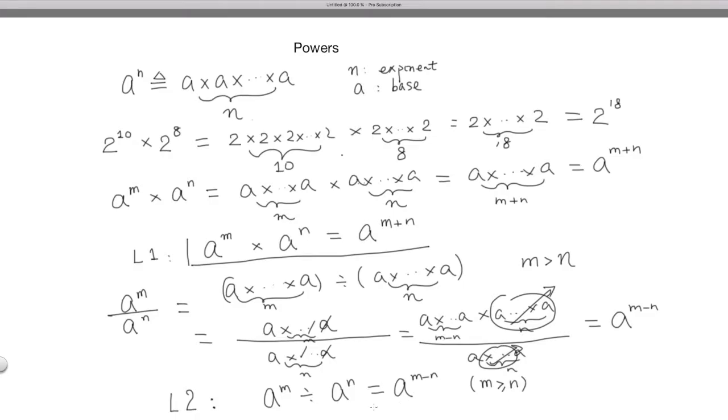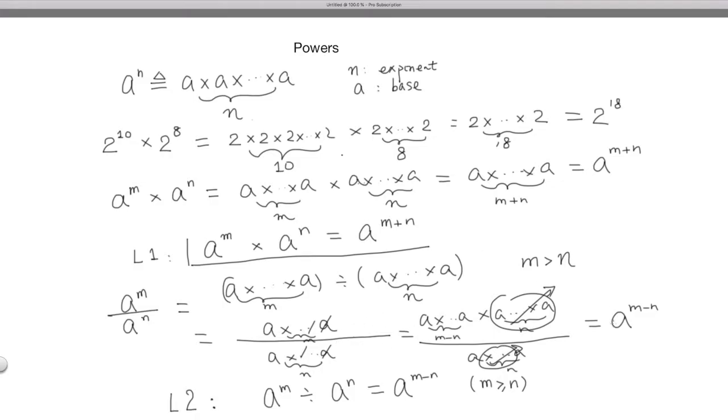But indeed, when n is bigger than m, this whole operation changes, because now the denominator will have more a's than the numerator. So you're going to cancel all the a's in the numerator against the denominator, and be left with just n minus m a's.